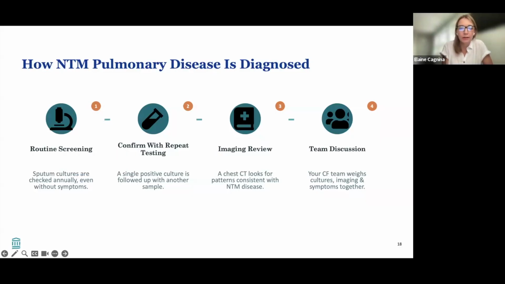So we will never treat, I won't say never, because never is a strong word, but almost never treat with a single positive culture. So we would confirm with repeat testing and look for the same organism on multiple sputum cultures. Again, we'll look at the imaging, and then we'll have a sort of multidisciplinary discussion, weighing in on cultures, imaging, and symptoms together, including the patients, and talking about next steps.